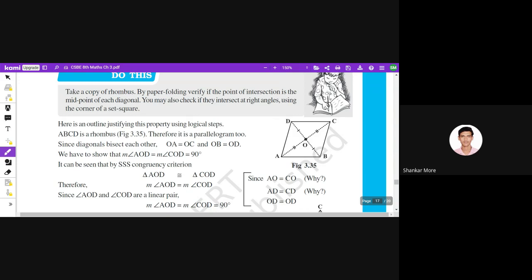So the diagonals of a rhombus must bisect each other.